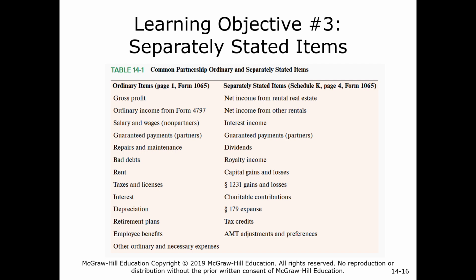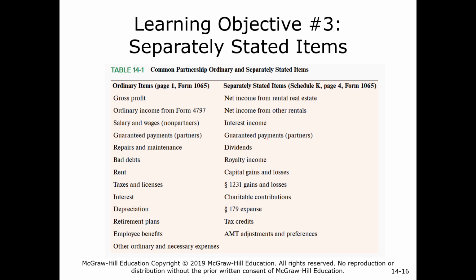So here we have the items that are going to be reported and used in calculating ordinary income or loss. It's just like the Schedule C that you looked at. We have our gross profit, we deduct our expenses, and then we calculate ordinary income.